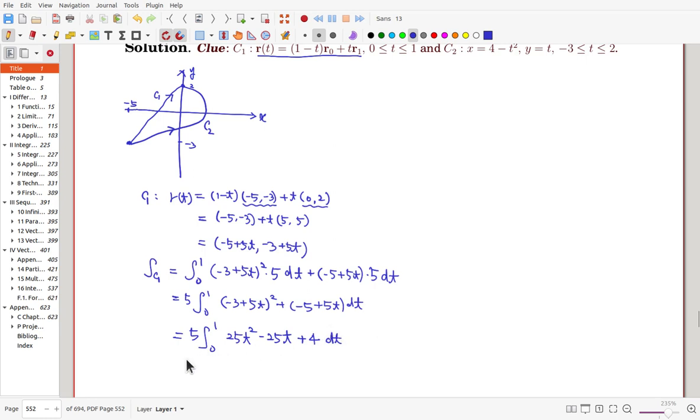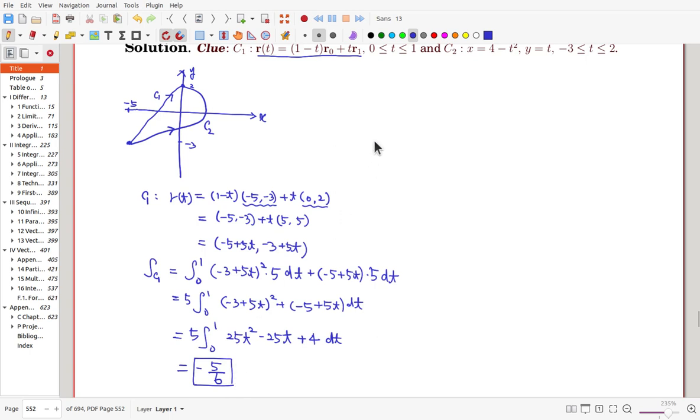From now on it's quite easy, and if you get the final evaluation, you will arrive at minus 5 over 6. So we have the line integral along C1. The answer is this one.